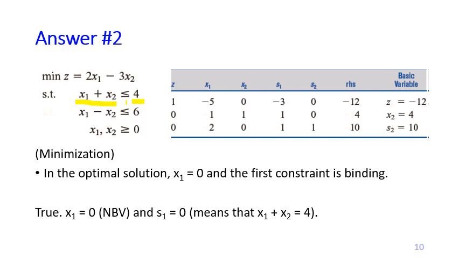That means we do not have any unused resources for resource 1. In other words, the first constraint is a binding constraint. If you're confused about what is binding and what is non-binding, you need to check out my video on the third week.